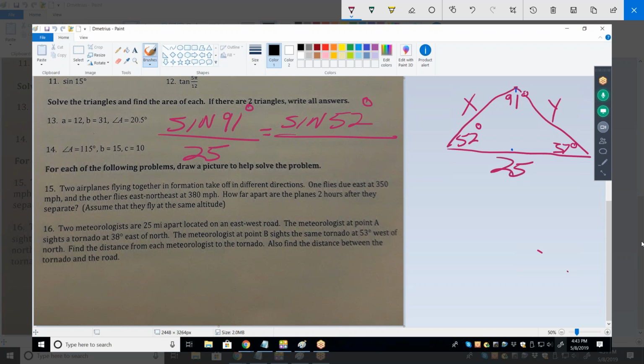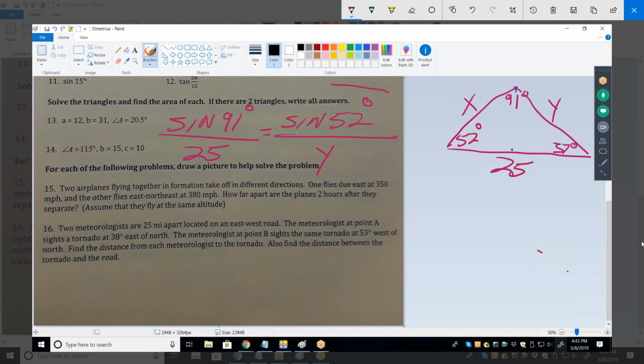What's opposite 52 degrees? Y. It's always the side that is opposite the angle. When you're using the law of sines, that's the most important thing. Choose the side that is opposite the angle that you're taking the sine of.